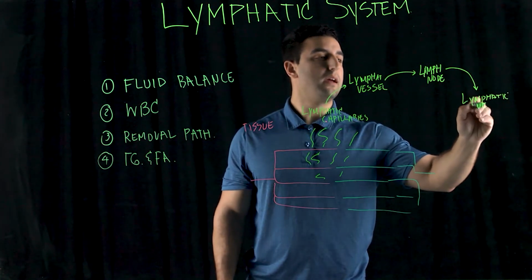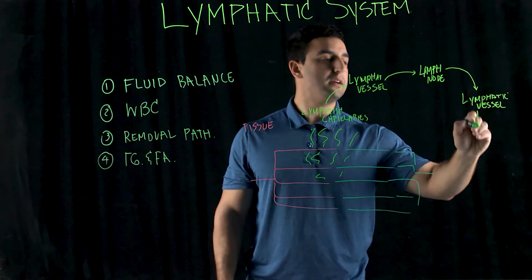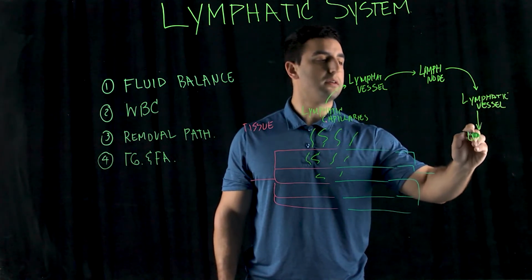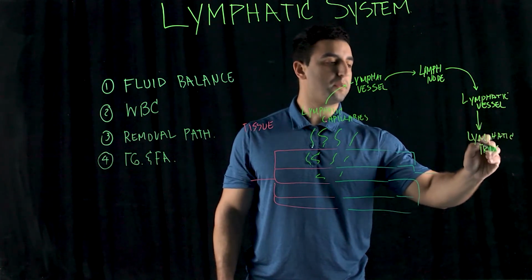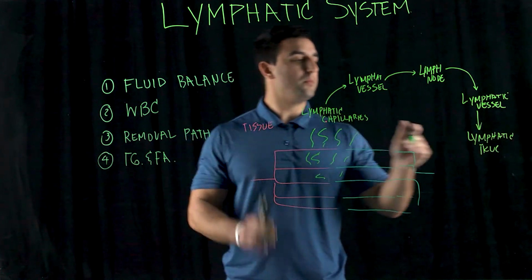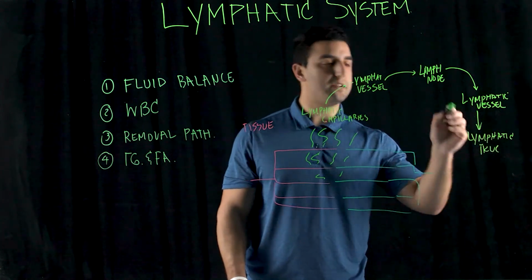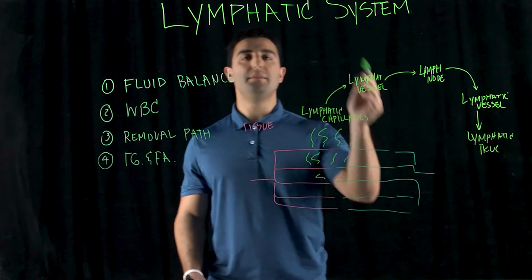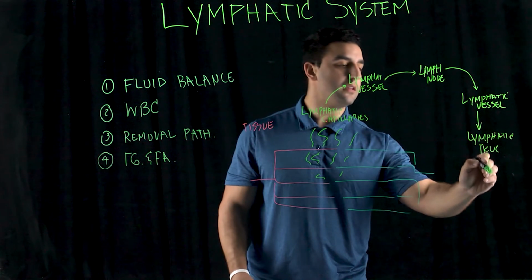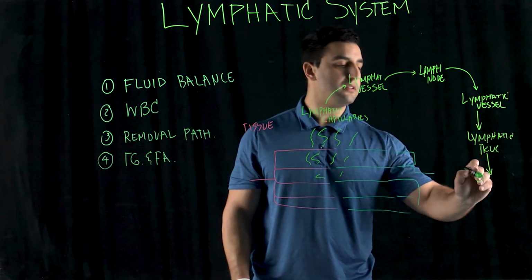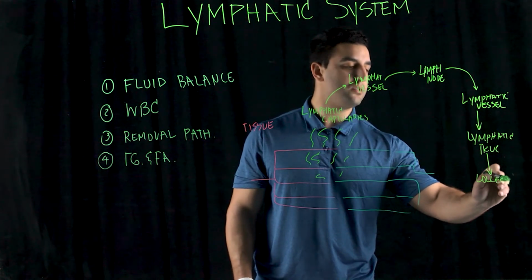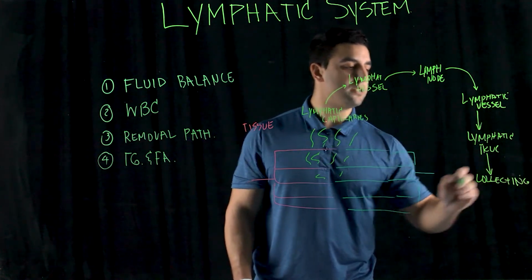Then the lymphatic vessel becomes the lymphatic trunk, and the trunk begins to distribute, because you want to bring all this lymph eventually back into the bloodstream. It becomes the collecting duct, which has two specific regions.